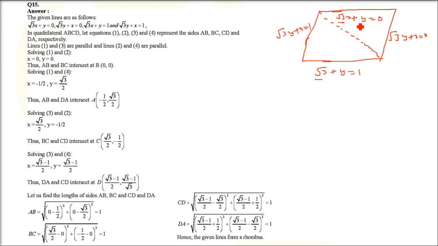See, a1 by a2 equals b1 by b2, so they are equal. Here also a1 by a2 and b1 by b2 are equal. As I said earlier, if a1 by a2 and b1 by b2 are equal and c1 by c2 is not equal, then the lines are parallel. So parallelism is established now.